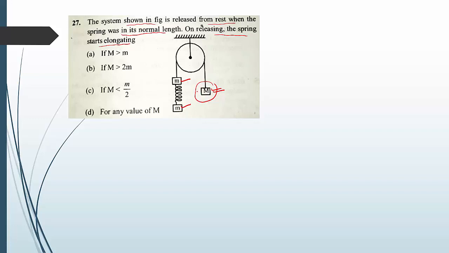Is it clear? Because it is connected to the pulley, when we release, small m remains the same. So these accelerations are 0. And this part starts to move in a downward direction with certain acceleration. So for any value of M, whether less than, equal to, or greater than, this block starts to move. So we go for option D.